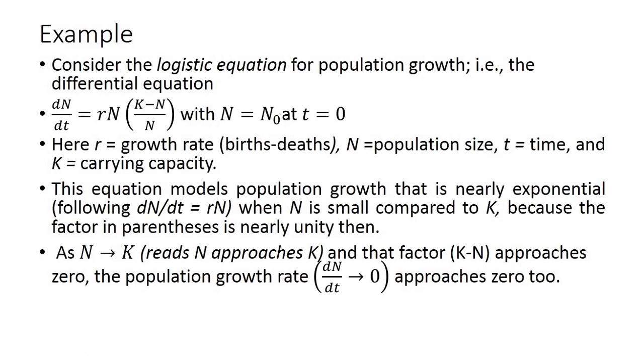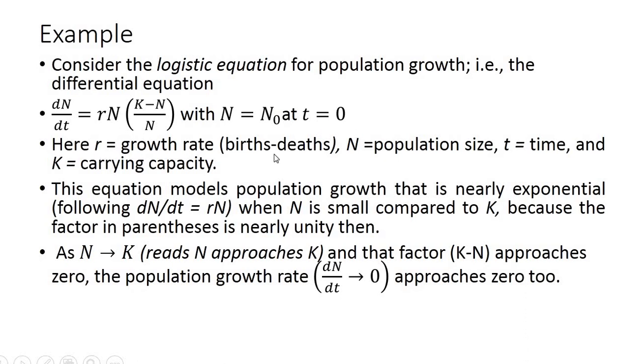So if you consider a logistic equation for population growth, it is a differential equation of the form dN/dt equals rN(K minus N)/K, where N equals N0, the initial population, at t equals 0.